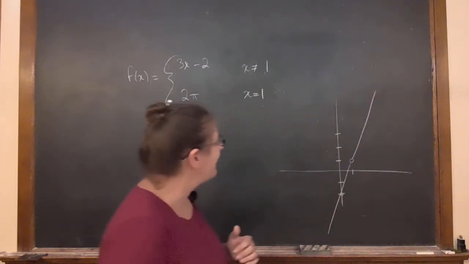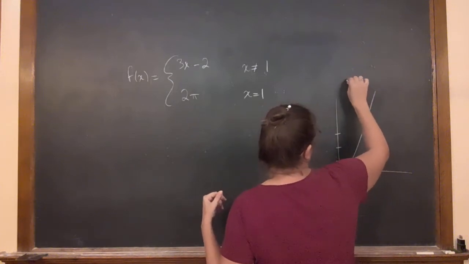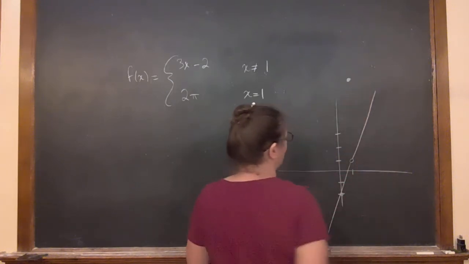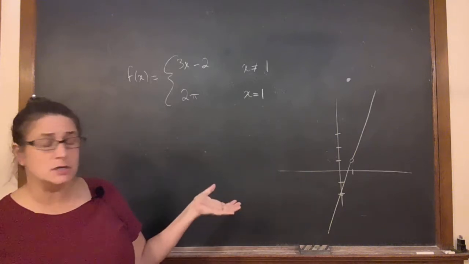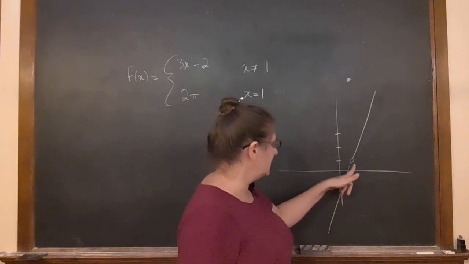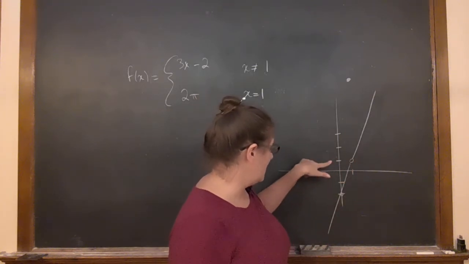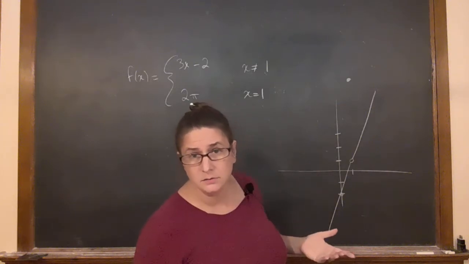That's better. And at 1, I've got 2 pi, which is like 6.28, so we're going to put that somewhere up there. We know from our discussion that the limit here should be the y value, which is 1.